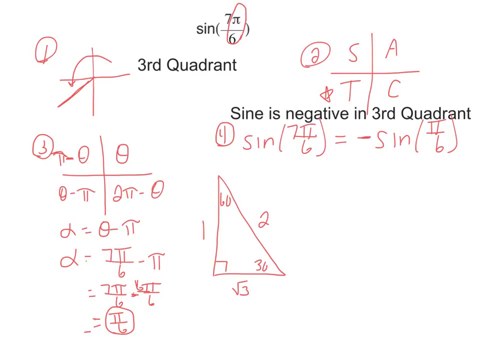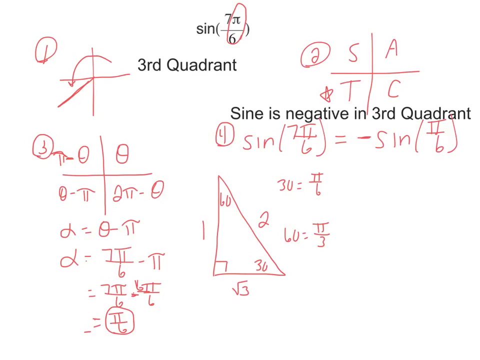So understanding first, I have this triangle in degrees because that's how it's originally shown to you, but you do need to know that 30 is pi over 6 and that 60 degrees is pi over 3. So for our problem, we're trying to figure out what sine of pi over 6, or sine of 30 degrees, is.